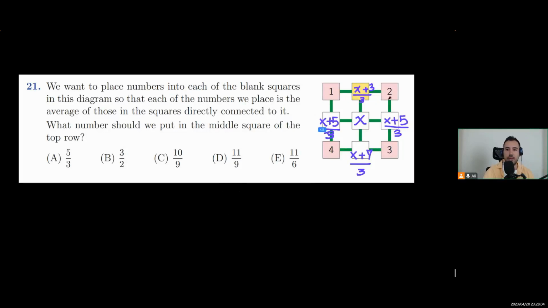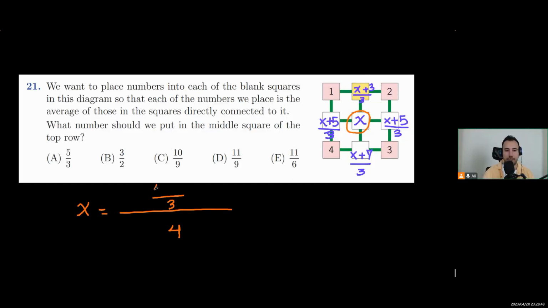Now this x is the average of all these 4 surrounding it: this one, this one, this one, this one. That gives us one equation, and we're going to solve it. So x is the same as all of these together divided by 4, because we have 4 terms. It will be over 3.